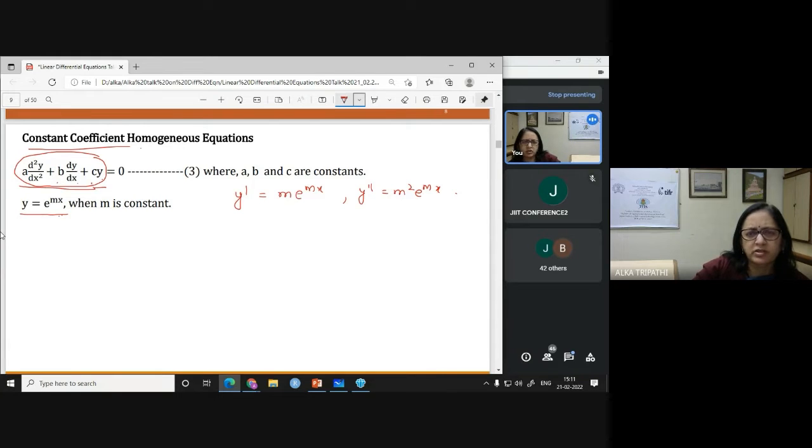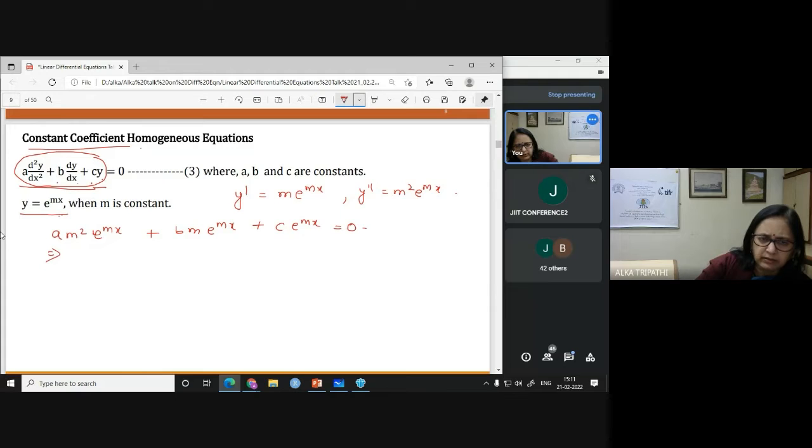So when I substitute this value in my equation, I will get a m square e^(mx) plus b m e^(mx) plus c e^(mx), and this equals 0. If I take e^(mx) common, I will get a m square plus b m plus c equal to 0.